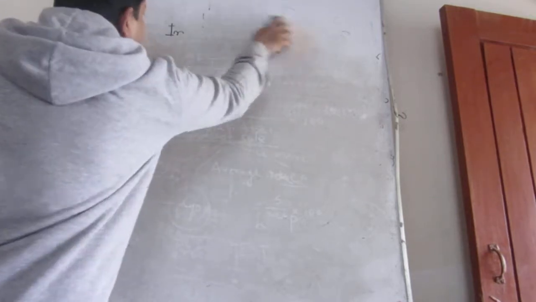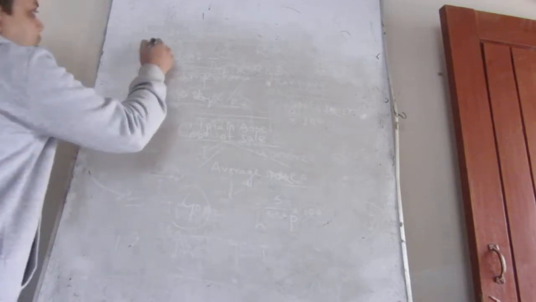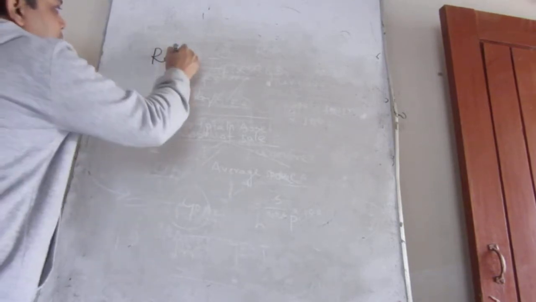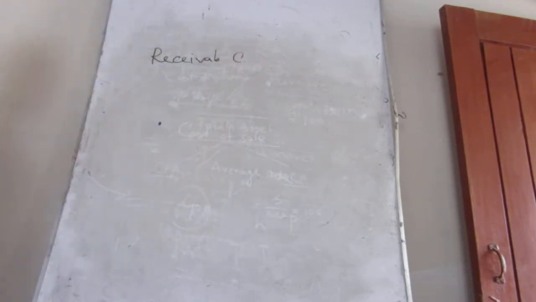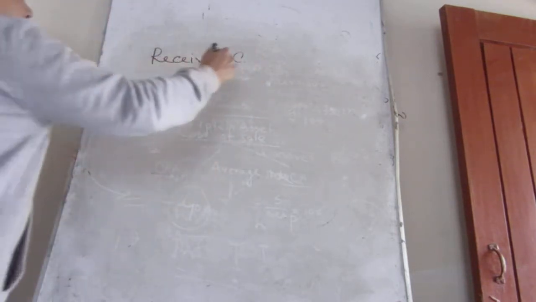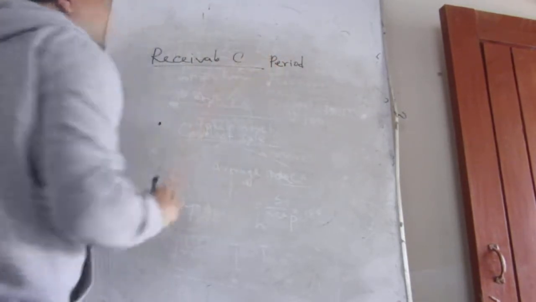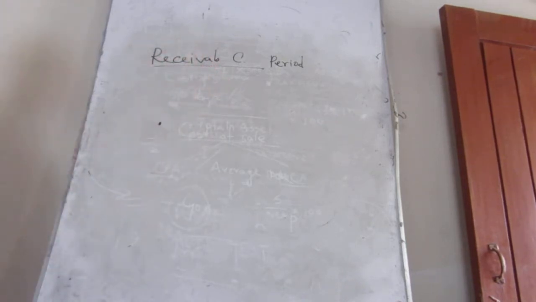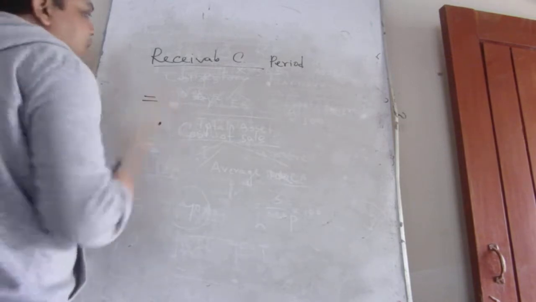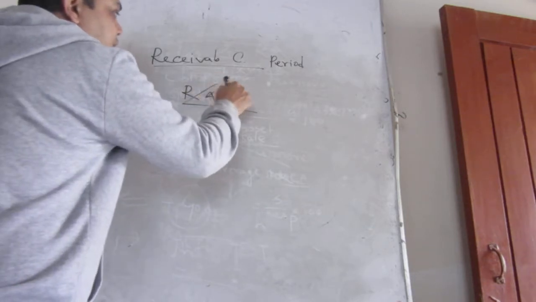Now the thing is, we'll discuss এটাকে রিসিভেবল কালেকশন পিরিয়ড বা এভারেজ রিসিভেবল কালেকশন পিরিয়ডও বলে। কালেকশন পিরিয়ড, রিসিভেবল অর এভারেজ রিসিভেবল, আমি সংক্ষেপে লিখতেছি। রিসিভেবল কালেকশন পিরিয়ড, you will calculate this by receivable or average receivable.